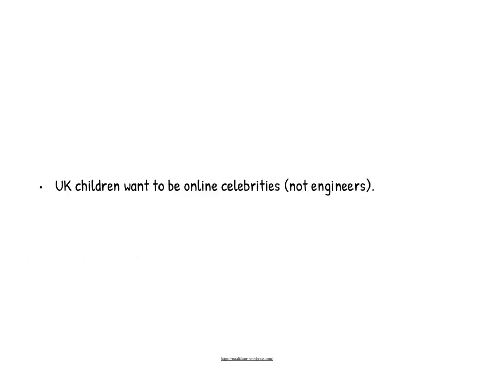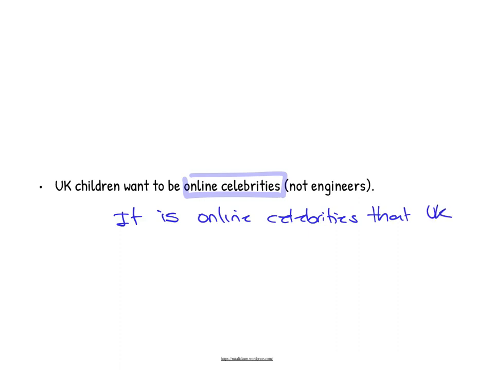We've been talking about a recent report that says that UK children want to become online celebrities. They don't want to be engineers or something like that. They want to be online celebrities. If you want to emphasize that particular part of a sentence, you have two options. You could say, for example, it is online celebrities that UK children want to be.